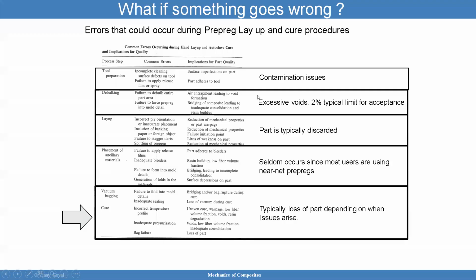And then we talked about the errors that could occur during the pre-preg layup and the cure procedures. Generally speaking, you're going to have a number of issues during a particular processing step. And these defects can occur in large scale manufacturing as well as small scale manufacturing, and they need to be considered when you're actually completing an assessment. And anytime you have issues with composites that are quite significant, that's going to cost money.